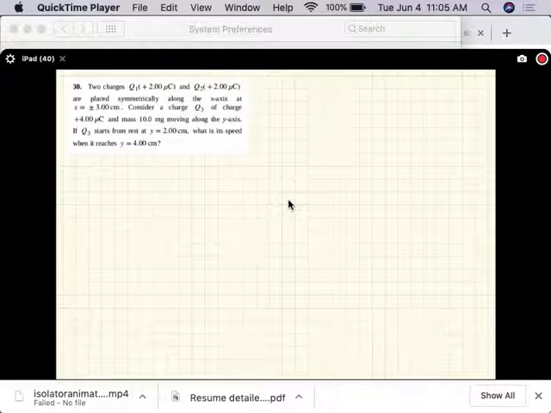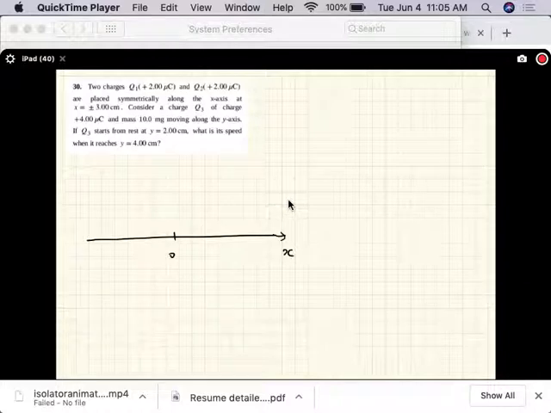So what we're going to do is, here's the x-axis, 0. So this is in centimeters, 3 centimeters, minus 3 centimeters. And we are placing Q1 and Q2 here.